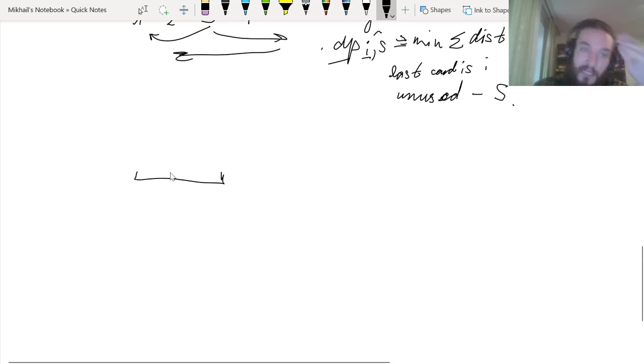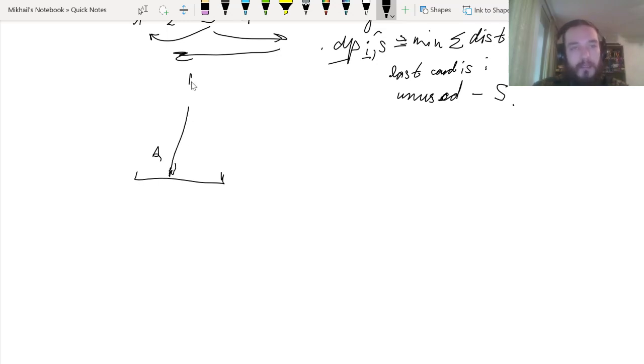So the last card we've placed is I. This is the card that's either AI or BI. And its position is P minus 1.